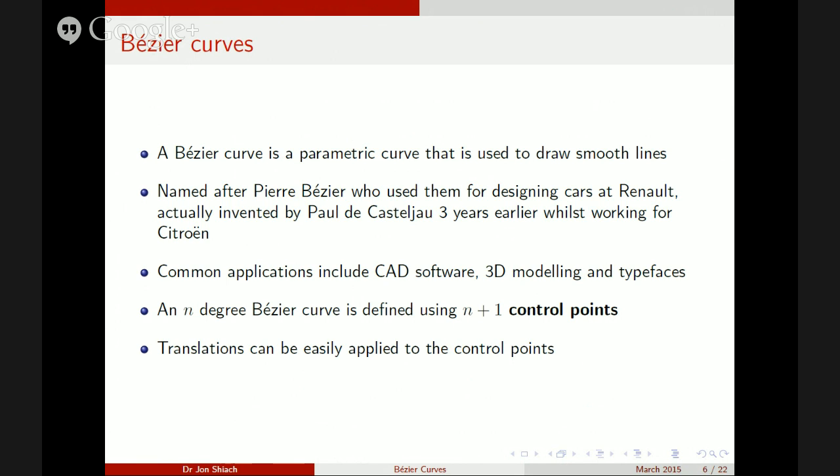We don't have to apply it to all points on the curve. We can just apply it to the control points, and therefore you can draw the curve and you can apply those translations. You've actually used Bezier curves already in your assignments. That teapot, which you've been using for the hidden surface removal, that's drawn using Bezier curves. Okay, and we'll look at that on Friday.